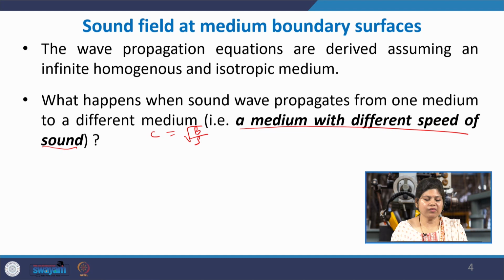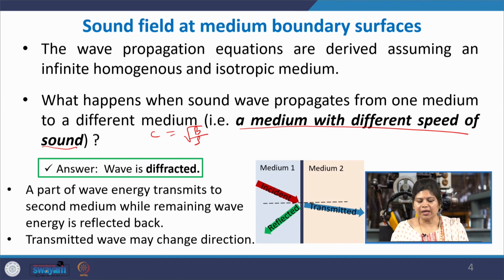In the same way, when sound waves encounter a different medium, the wave gets diffracted. This phenomenon constitutes 3 important parts: incidence, reflection and transmission. A part of the wave that is incident gets reflected back into the same medium, and some part of it propagates into the second medium.